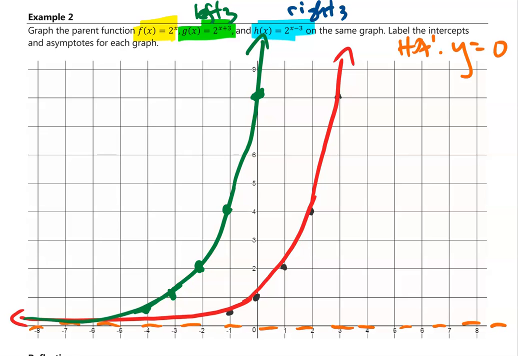And the other one, h of x, 2 raised to x minus 3, is to the right 3. So all the points move from here 1, 2, 3 to the right, with the same horizontal asymptote of y equals 0.